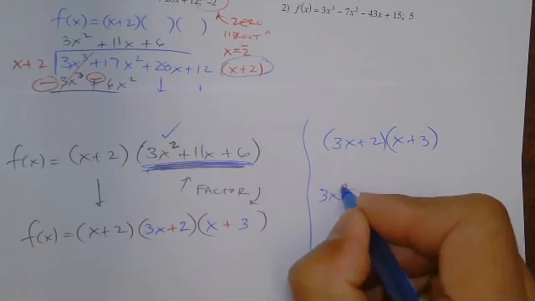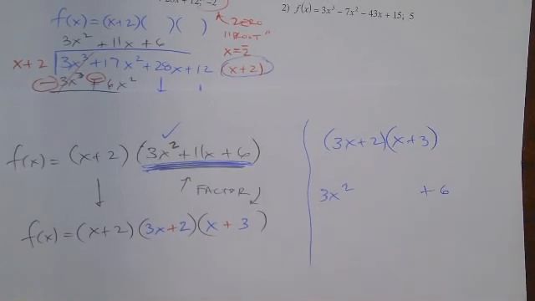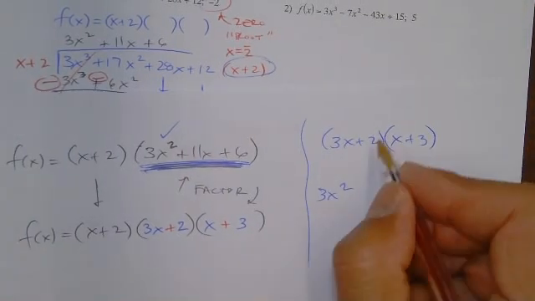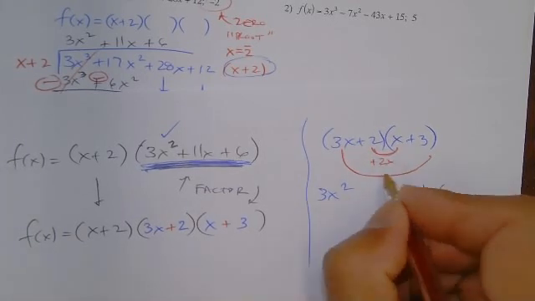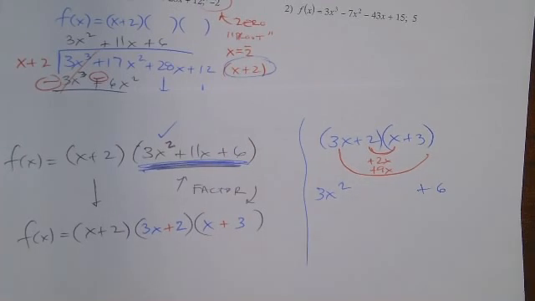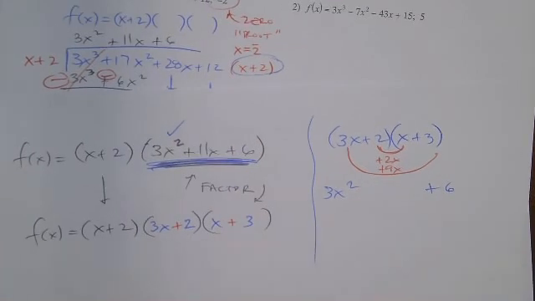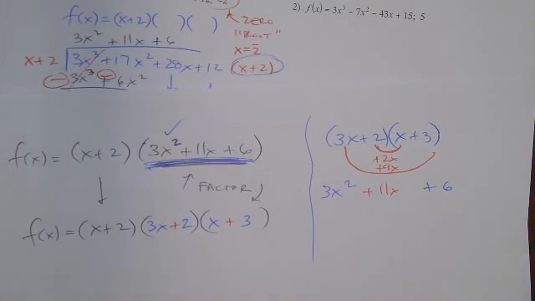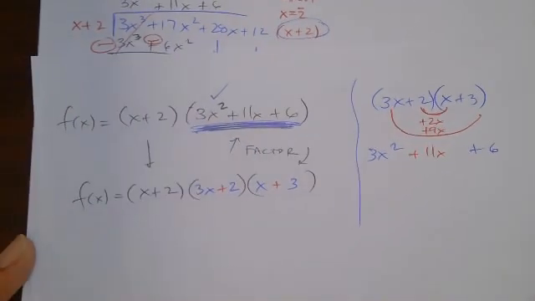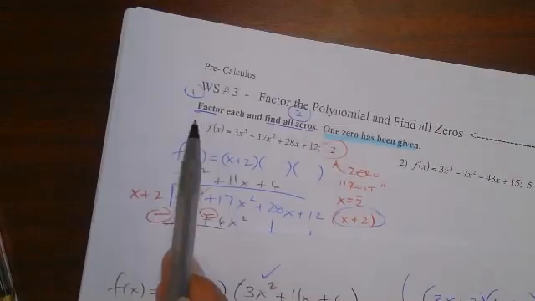The front two give me 3x squared. The back two give me the plus 6. How did I tell you to check the middle? Inside two, outside two. That's a plus 2x, and that's a plus 9x. Does that give you the middle 11x? Yeah.